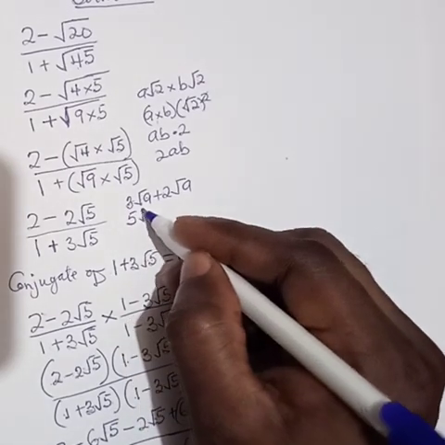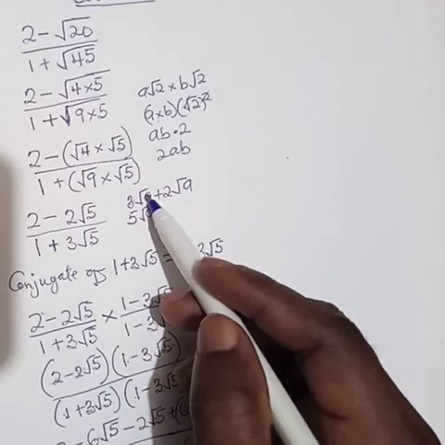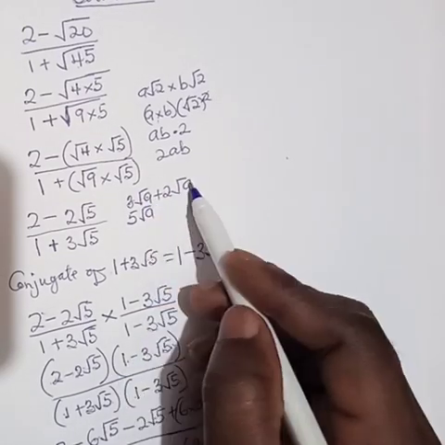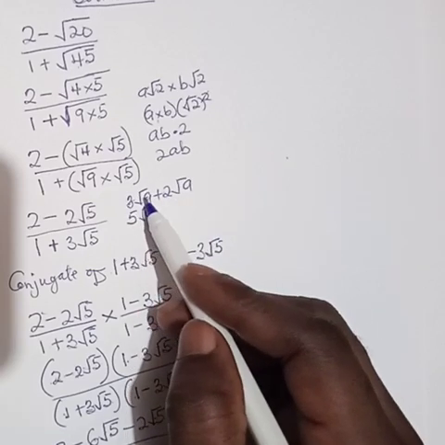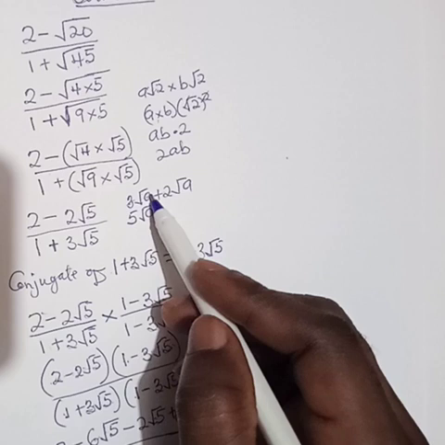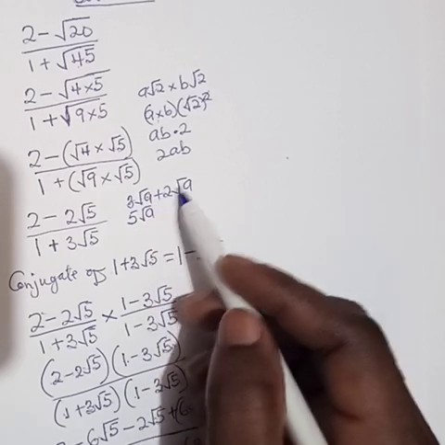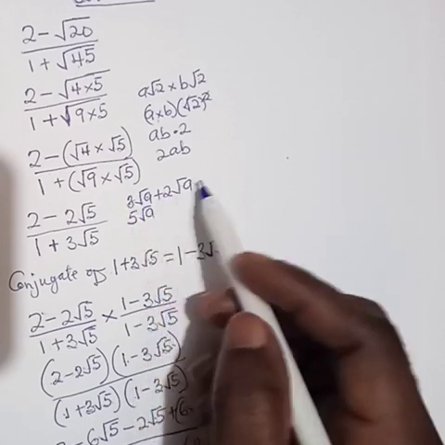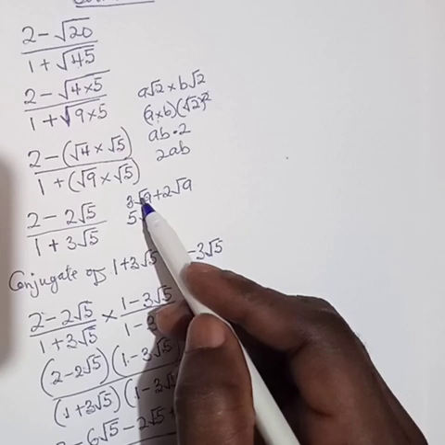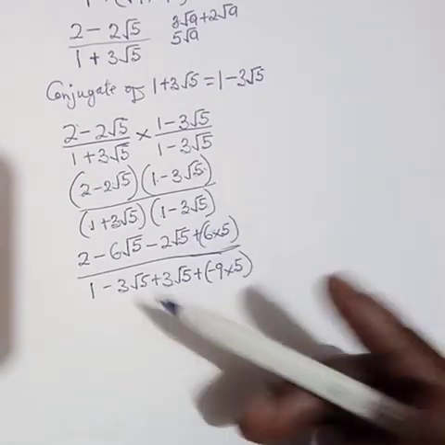Then I will write one square root. But note that if what is here is different from this, then we cannot add. We only add or subtract when the figure in the square root is the same. That's when you can only add. But if they are not the same, you can't add. Don't forget that. Okay, all right, so let's proceed.